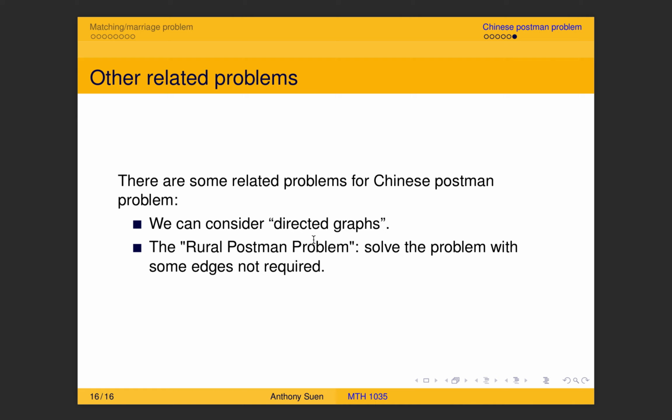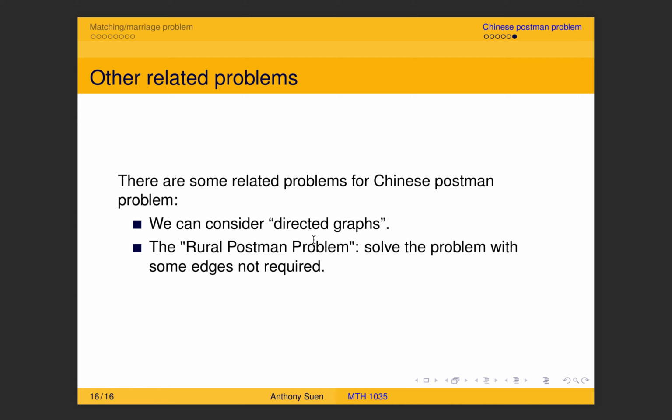So if that's the case, how can we solve it? Again, this is exactly the same problem as before. You use the same method, but when you're finding the shortest path, you avoid those edges.